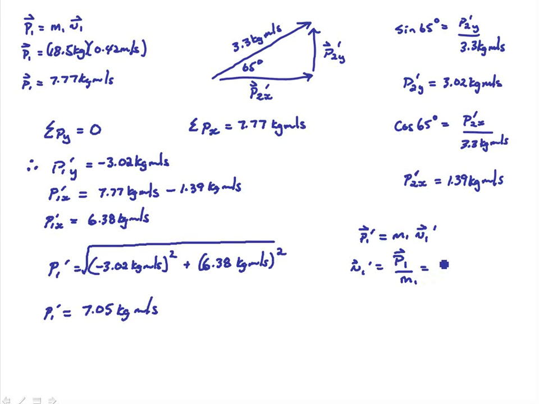Put the numbers in. 7.05 kilogram meters per second divided by 18.5 kilograms, and you finally get, after many calculations, a final speed of 0.38 meters per second. You can state the direction, but we already know what it is.